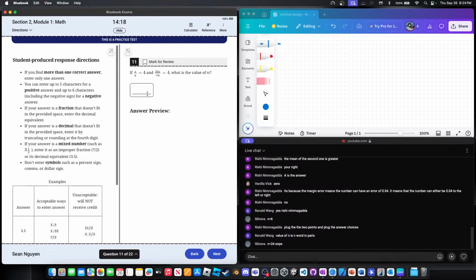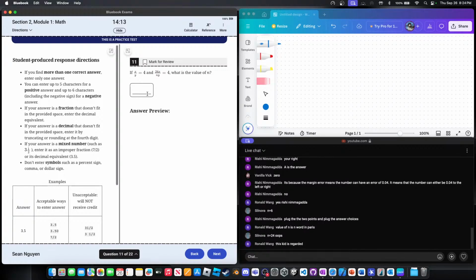So x over y is equal to 4, so 24 over n times 4 is equal to 4. And then we'll get 24 over n is equal to 1, and then 24 is equal to n. Yes?